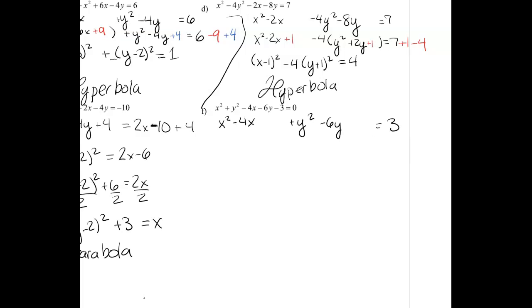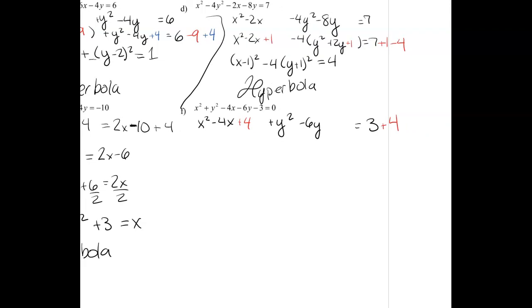Alright, so then I'm just going to slice and square. So slicing that 4 in half, I should get 2. Squaring it, I should add 4. And since I added 4 to this side, I need to just add 4 to the other side as well, since there's nothing out in front to distribute again. And then I need to slice and square the number out in front of my y, which is negative 6 divided by 2, giving me negative 3. Squaring that would give me a positive 9.